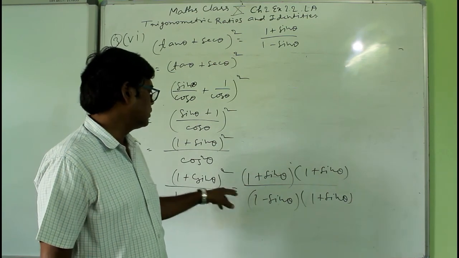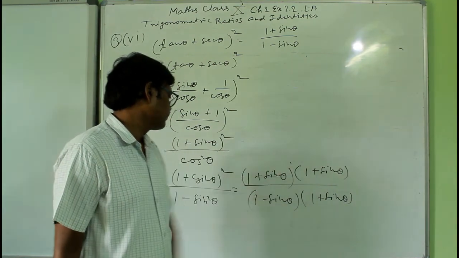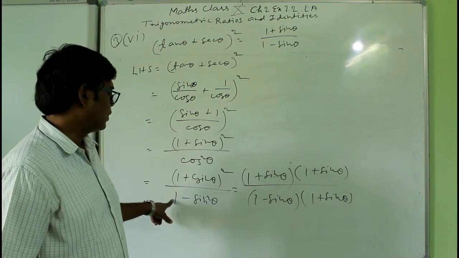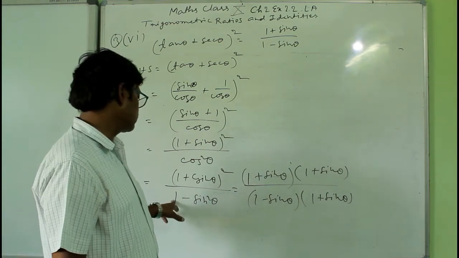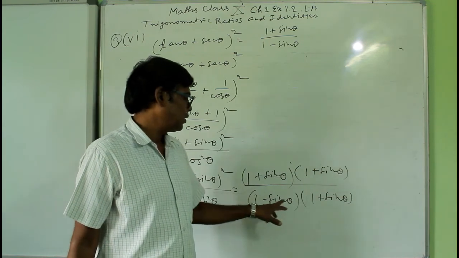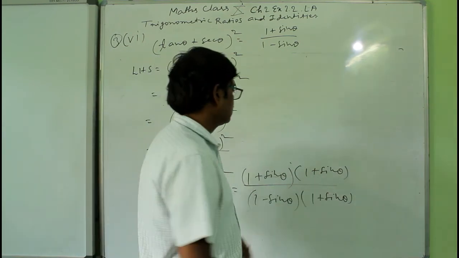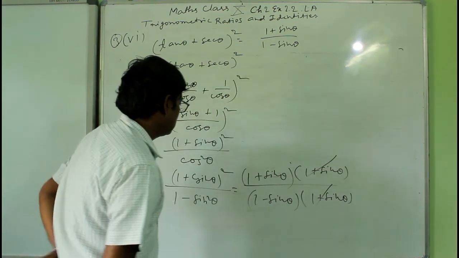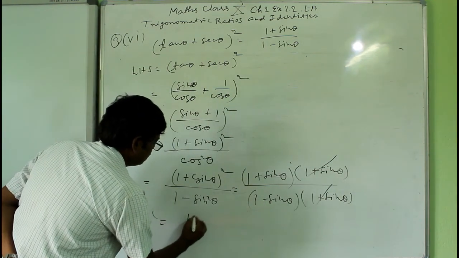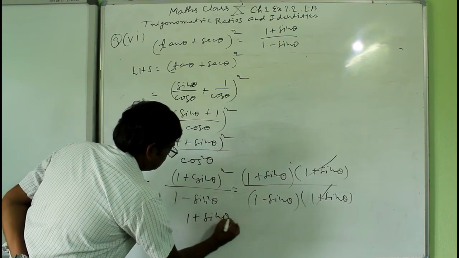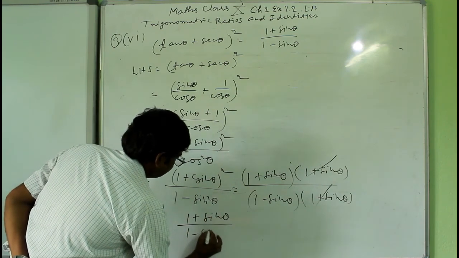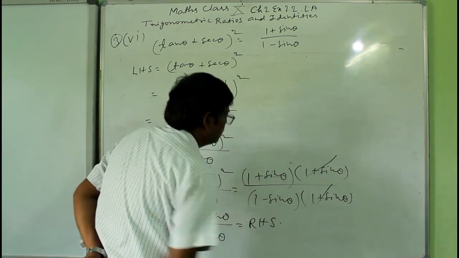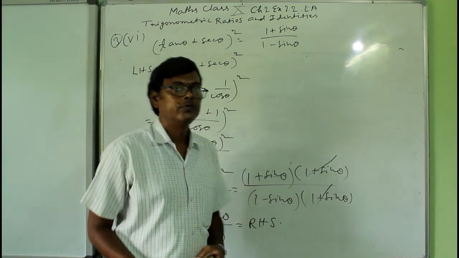You can write the whole square as 1 plus sin theta into 1 plus sin theta. Next 1 minus sin square theta. Again here is the formula, like 1 is equal to 1 square. So a square minus b square equal to a minus b into a plus b. So now these are equal, so these can be cancelled out, and then you have 1 plus sin theta by 1 minus sin theta equal to RHS. Okay, so this is the proof of this question.